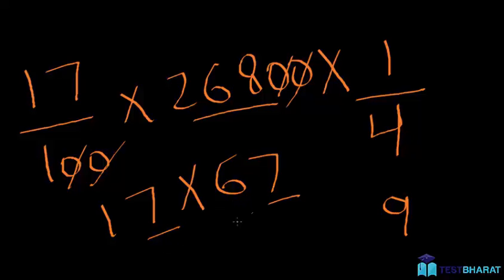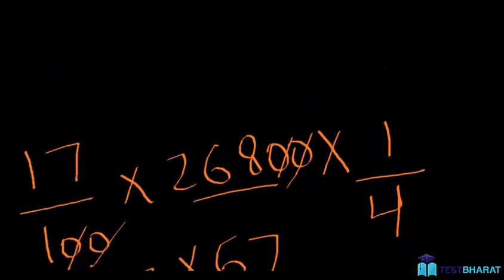Now what we have to do is multiply 67 into 17. If you have watched my tricks on Vedic maths, there I told you how to multiply 2-digit numbers. If you master that trick, if you practice around 20-30 questions on that, then you will easily calculate this kind of calculation, where you have to multiply two 2-digit numbers, right?